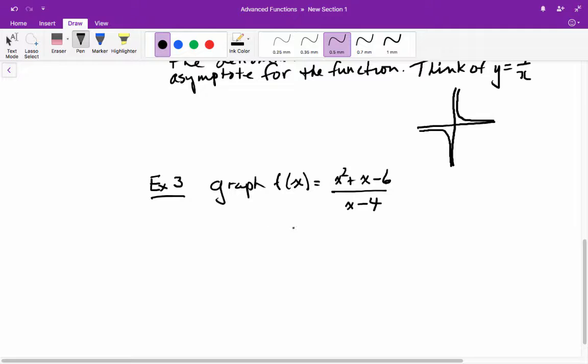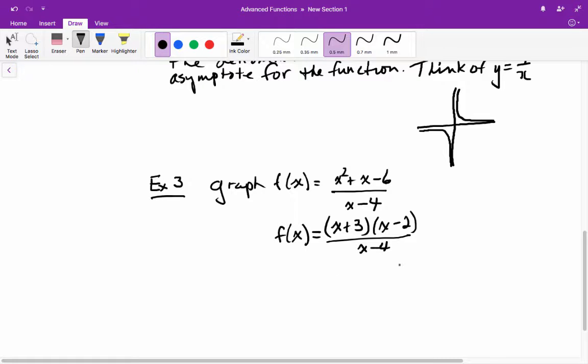Once again, we should factor all parts. F of x, the numerator factors to x plus 3, x minus 2, so there's no value of x that makes both the numerator and denominator equal to 0, so no holes.